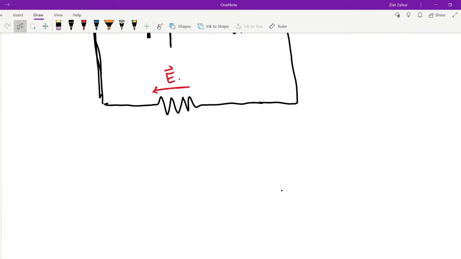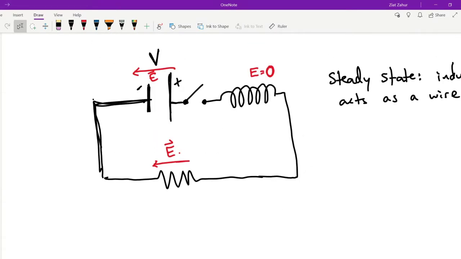Okay. Now the inductor, because it's looped around like this, will produce a magnetic field, and that magnetic field will apply a force on all these charges. Okay. It will apply force, which means that the charges will move, which means a current will be induced the moment that there is a change.